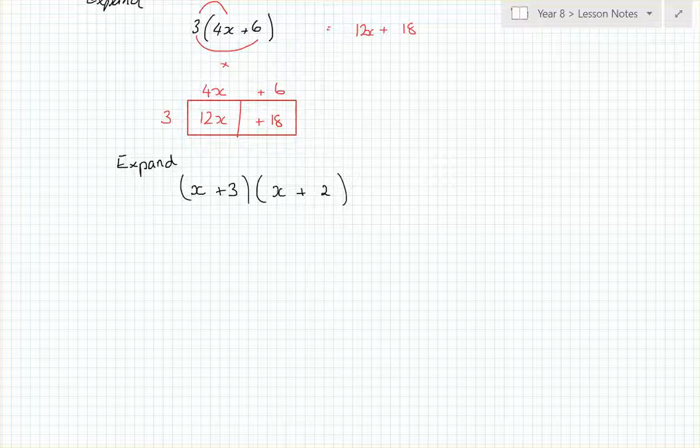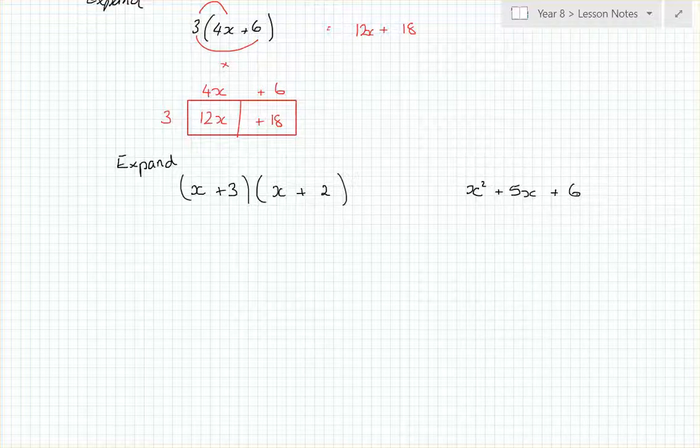Even closer, but not quite there. Cammy. Would it be x squared plus 6? You're quite close, but no closer than Amol. Adam. Is it x squared plus 5x plus 6? There you go. She's got it spot on. It is x squared plus 5x plus 6. That would be the answer.